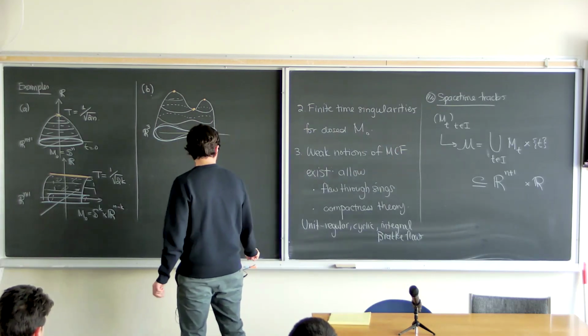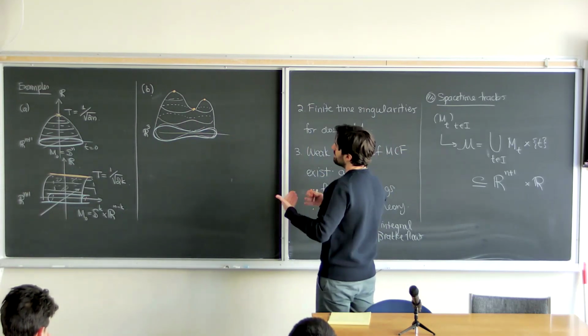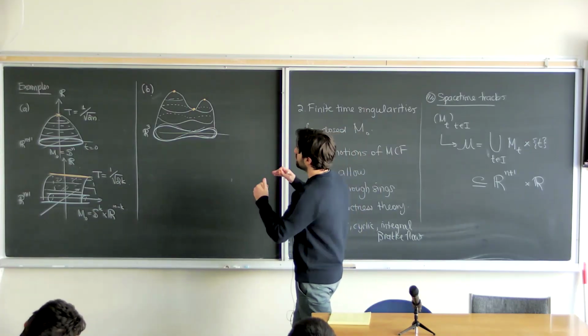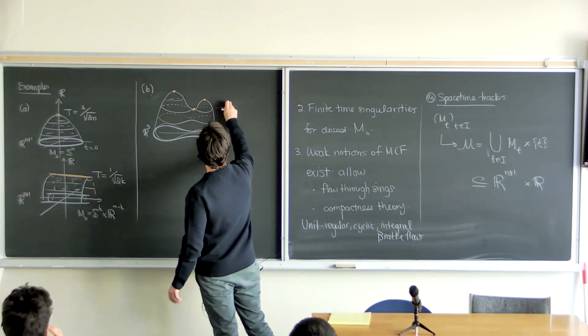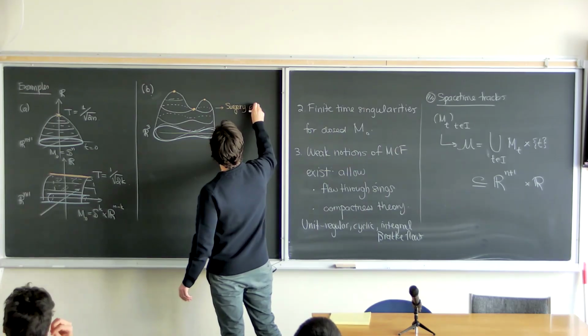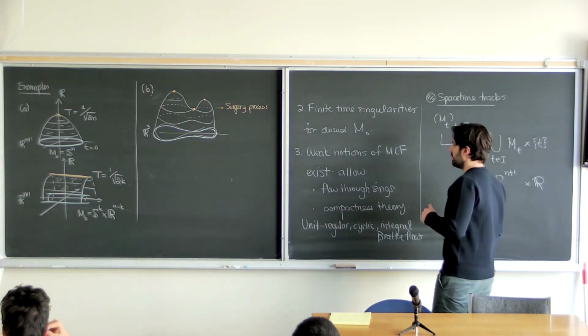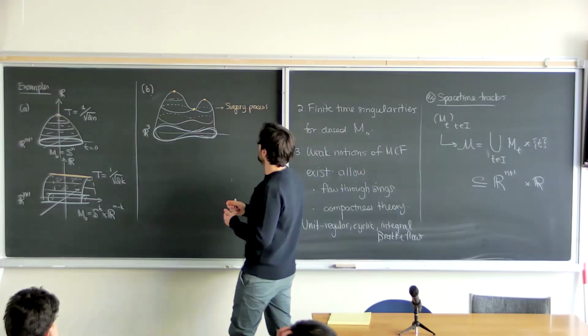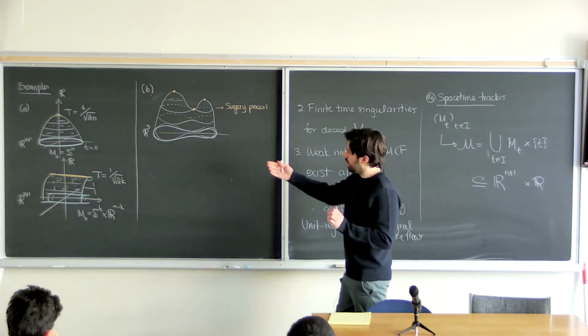So I should mention here that hopefully this picture helps make a convincing case as to why one might want to flow, because this shows you how the surgery process would go, if you were studying, instead of weak mean curvature flows, mean curvature flows with surgery. That's a whole different orthogonal direction to what I'll be talking about.